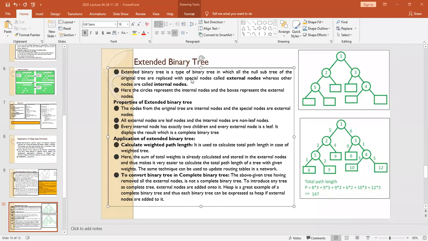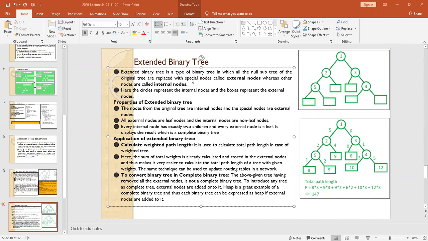So extended binary tree is a type of binary tree in which all the subtrees of the original tree are replaced with the special nodes called external nodes, whereas other nodes are called internal nodes.